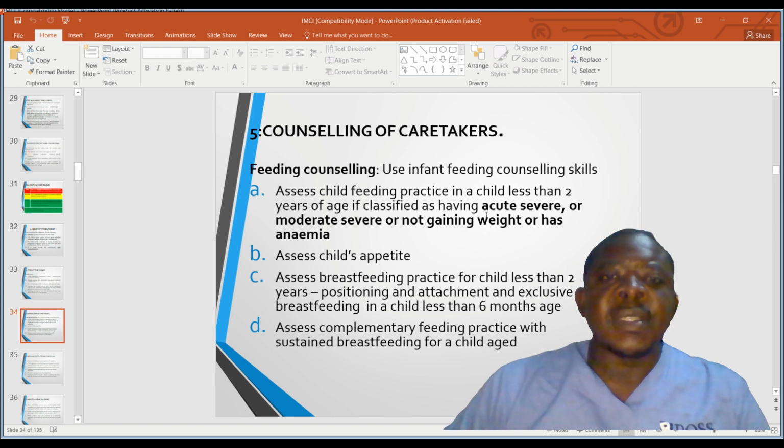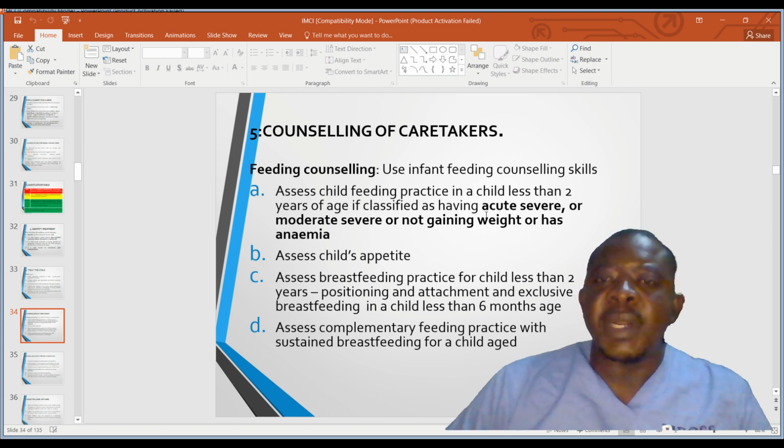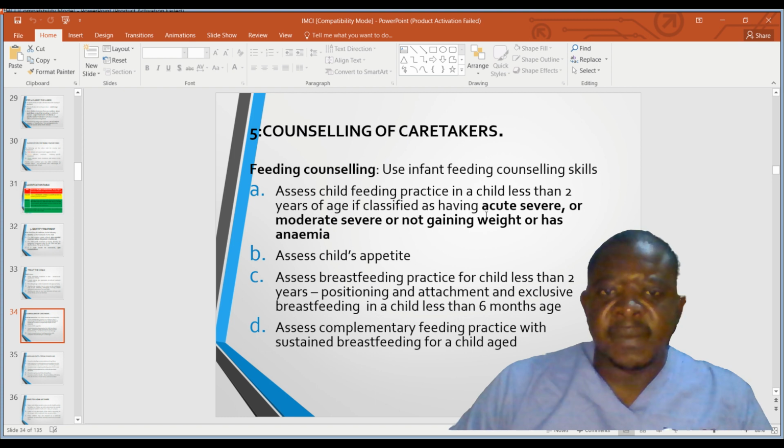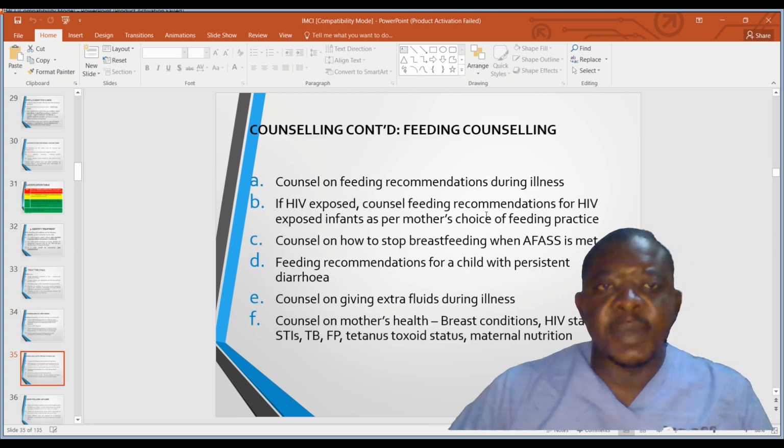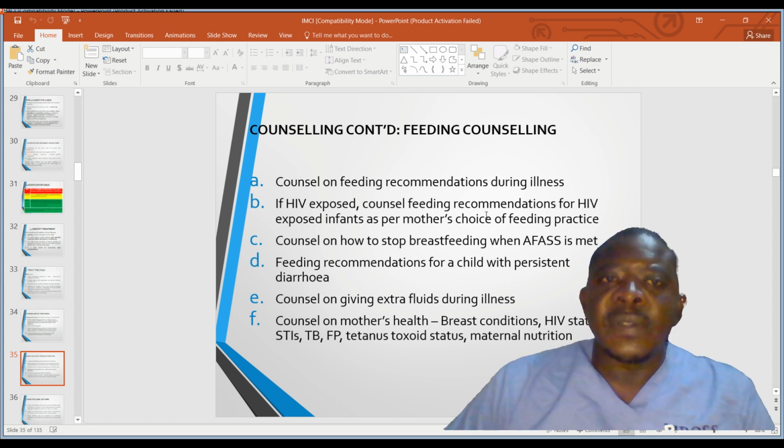C, you can assess breastfeeding practice for a child less than 2 years. Positioning and attachment and exclusive breastfeeding in a child less than 6 months is cardinal to note any problems in the breastfeeding techniques. You can assess complementary feeding practice with sustained breastfeeding for a child aged less than 2 years. So counseling also can be on feeding recommendation during illness.